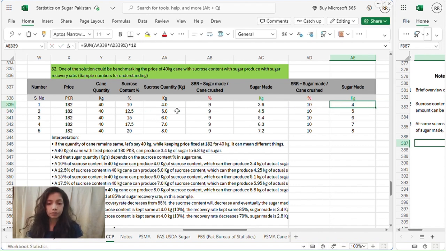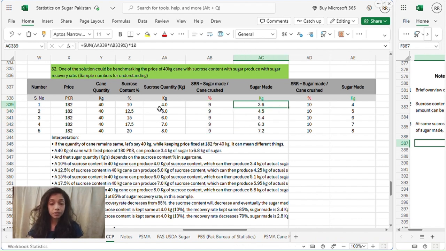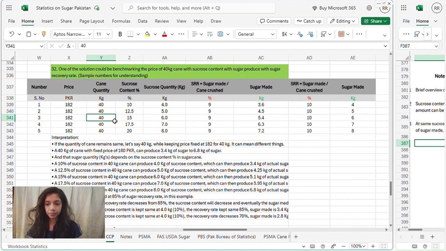The whole point of this exercise, to make this table, was to find out how changing the sugar recovery rate percentage can vary the quantity of sugar made, in reference to the change in sucrose content in the sugarcane quantities.